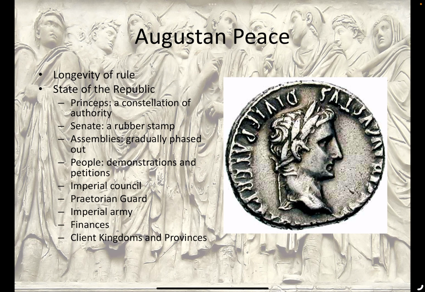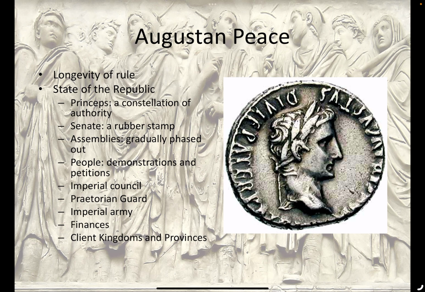And he sets it up as a peacekeeping force in the city of Rome itself, in addition to protecting the person of the emperor. Now, the Praetorian Guard at this point is subservient to Augustus, but later the Praetorian Guard is going to become very, very important in influencing a number of things, including at times assassinating emperors and getting their favorites appointed as emperor and things like that. But under Augustus, they are subservient.